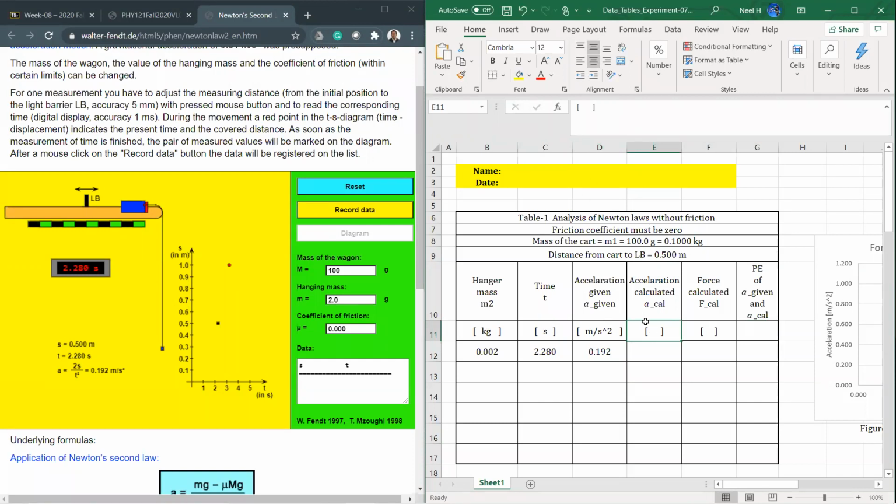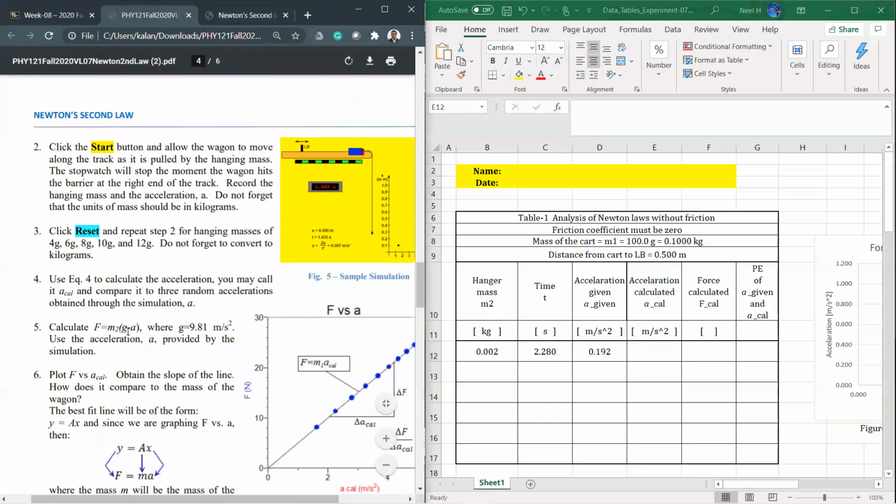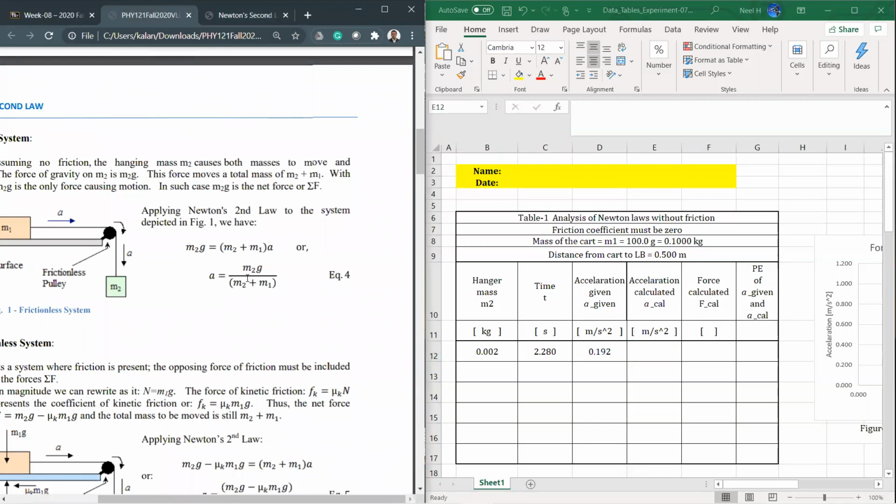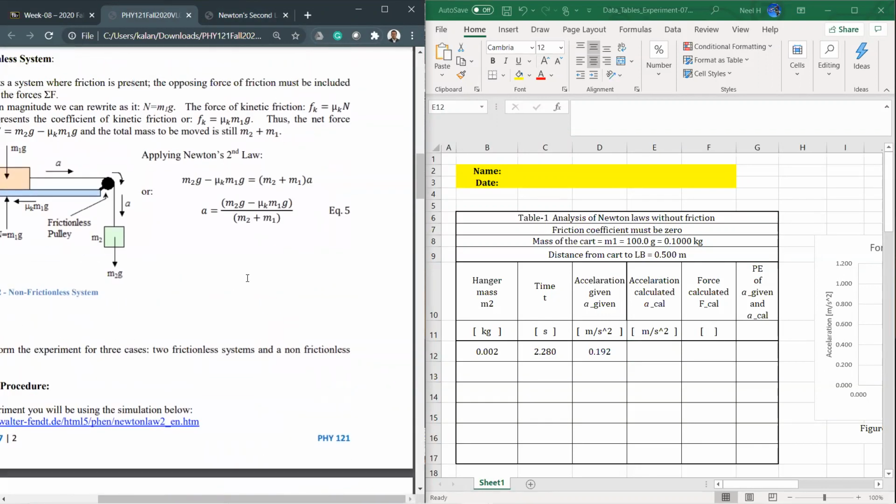The calculated acceleration unit is always going to be meter per second squared. And you can calculate the acceleration by using equation number 4 on your lab manual, page number 2.